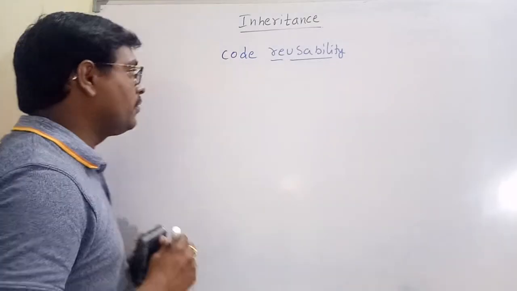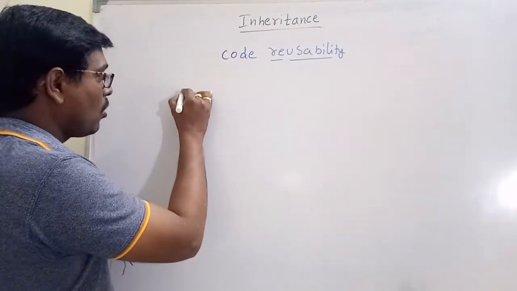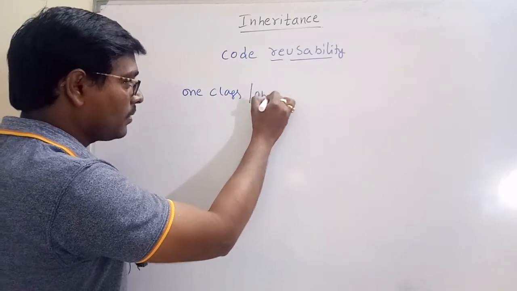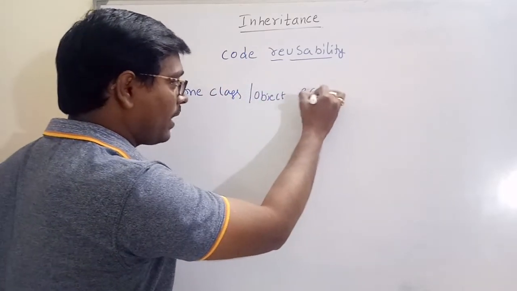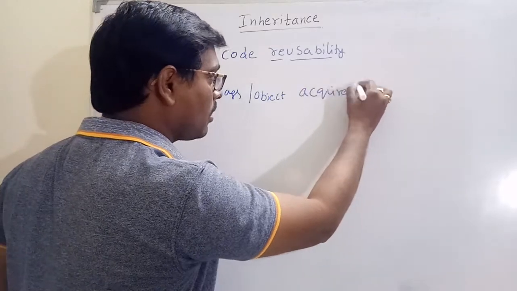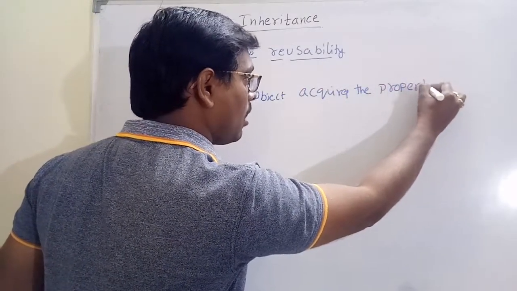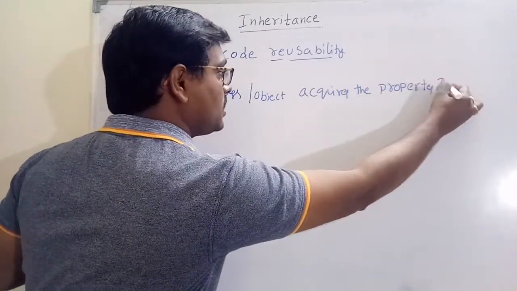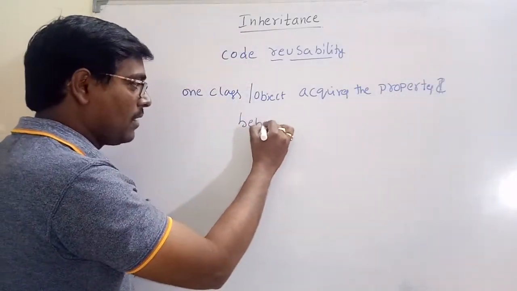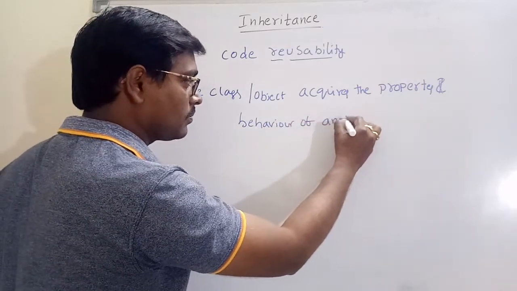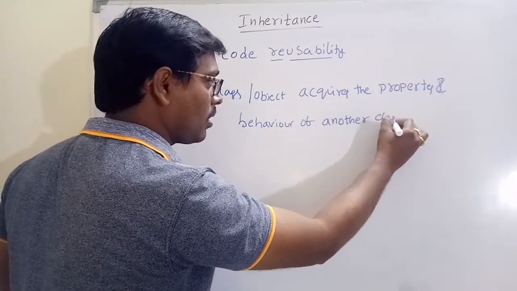A simple definition of inheritance is one class or object acquires the properties and behavior of another class or object.